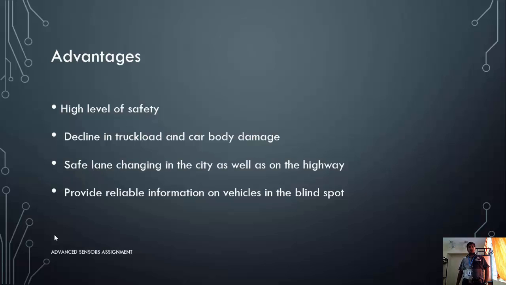Decline in truck load and car body damage. Whenever a truck enters, it gives signals, so we can observe, and safe lane changing in the city as well as on the highway, and it provides reliable information on vehicles in the blind spot.